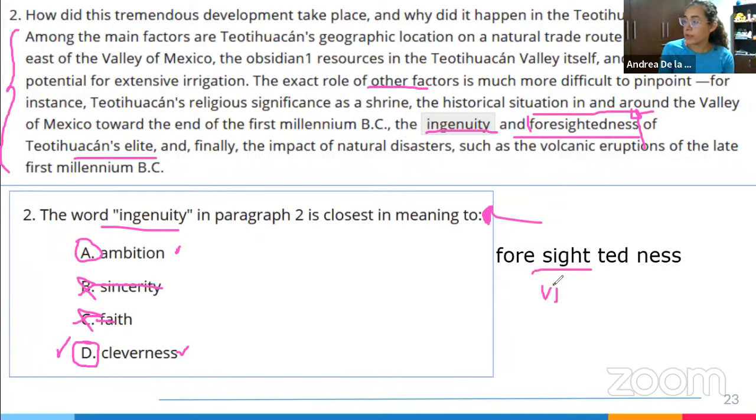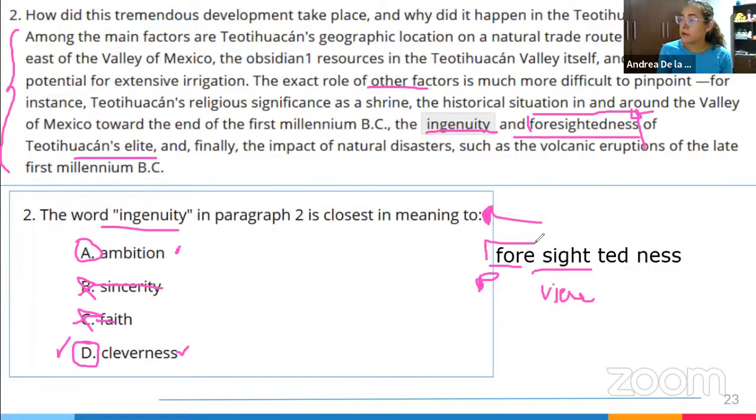It's view, right? It's vista. It comes from the verb see. And this is a prefix. For is a prefix that basically is related to before, to the future. So foresight is related to seeing the future before it happens.